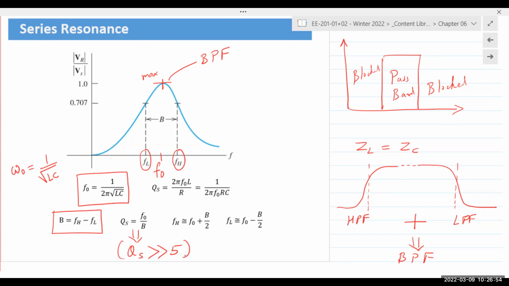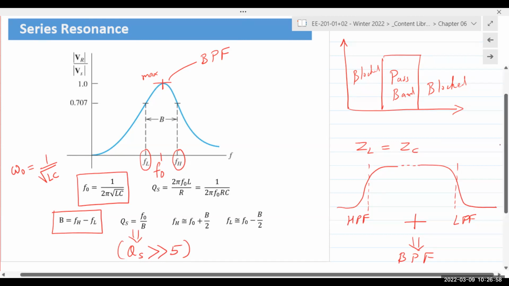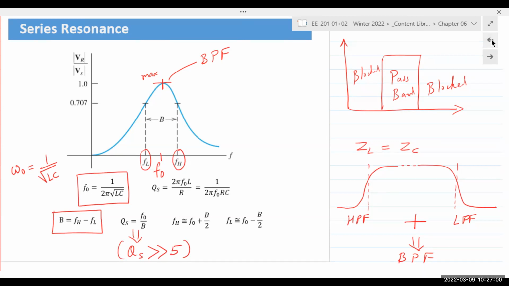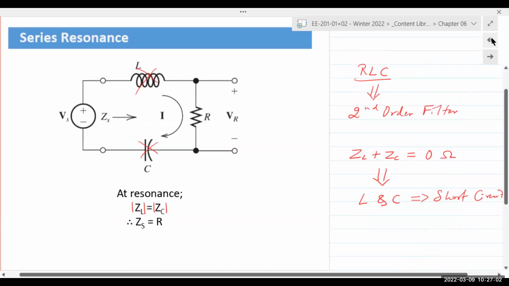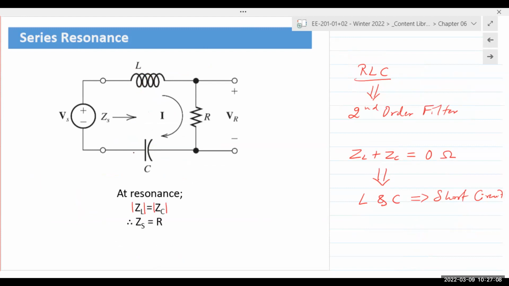Okay, that's the series resonant circuit. To also look at it another way, we saw an RC filter first. Remember, the first filter we saw was an RC filter, where you took the output across the capacitor.